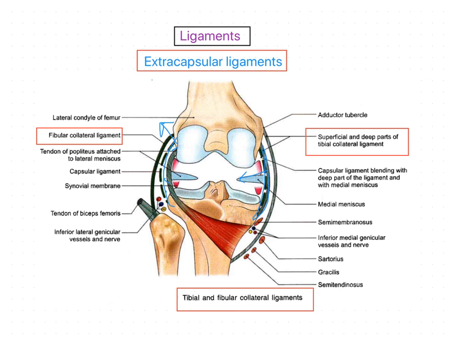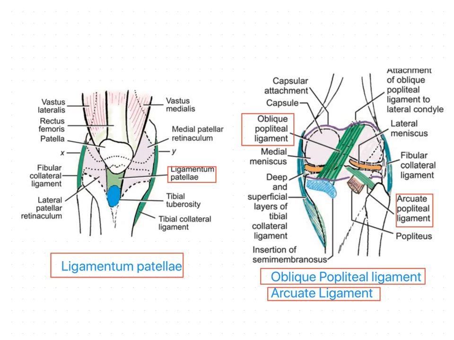The extracapsular ligaments are the tibial collateral ligament, the fibular collateral ligament, and the ligamentum patellae, which you can find here, the oblique popliteal ligament, and also the arcuate ligament.